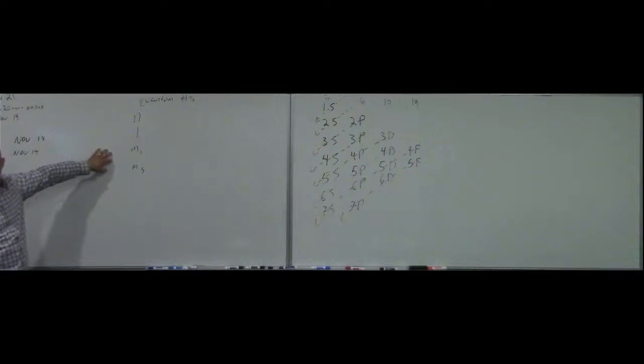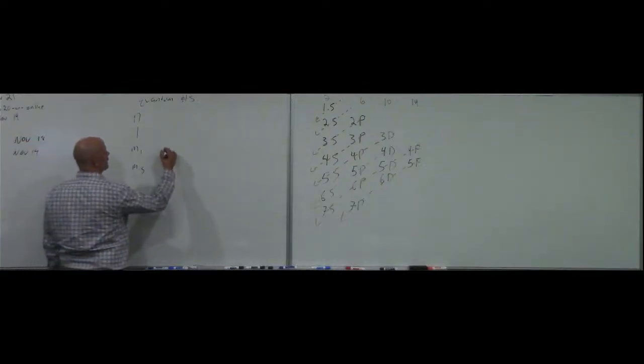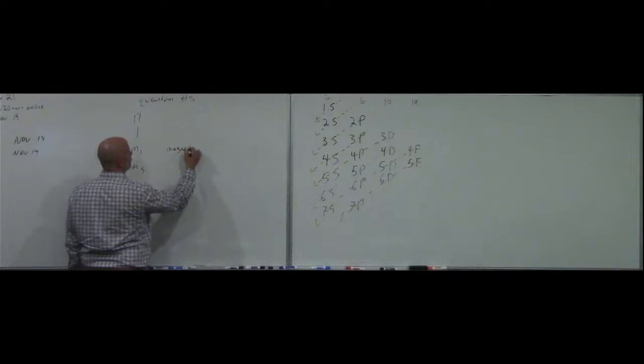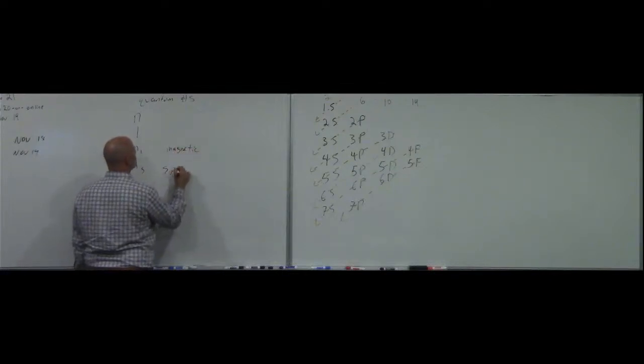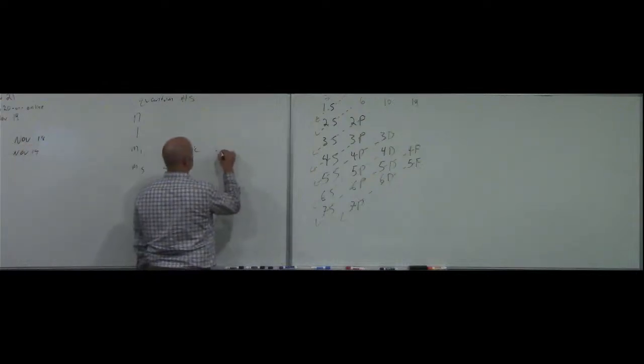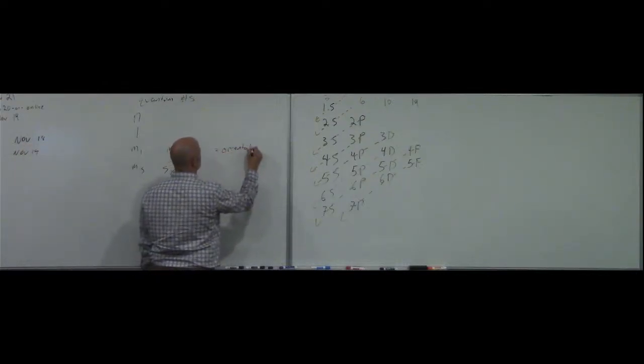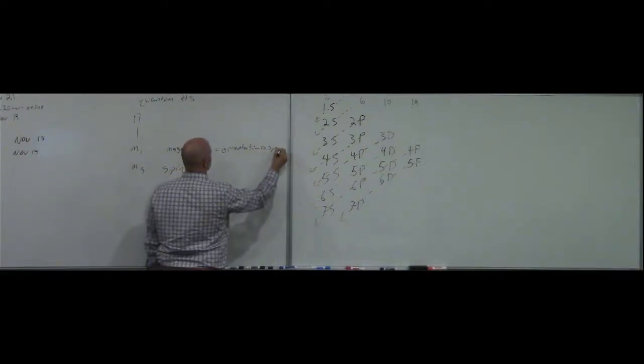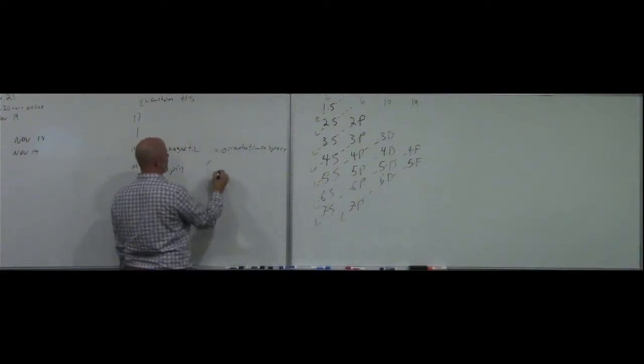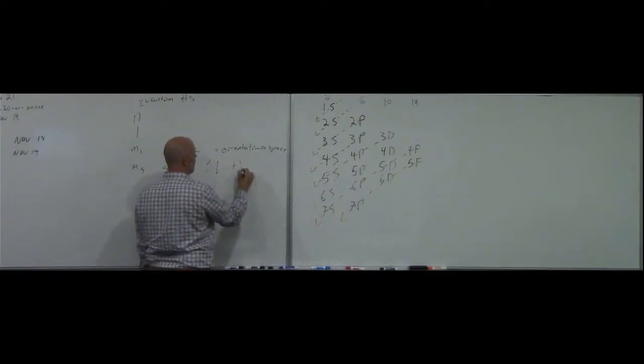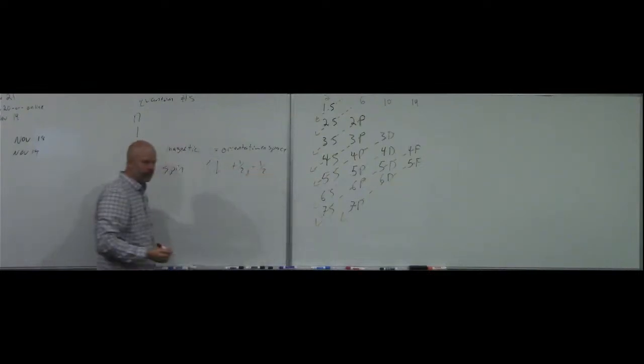What do you have for M sub s? Spin. And what do you have for a description for your magnetic quantum number? Orientation in space. And this one is spin. It just means, is it spinning up, or is it spinning down? Is it plus 1/2, or is it minus 1/2?